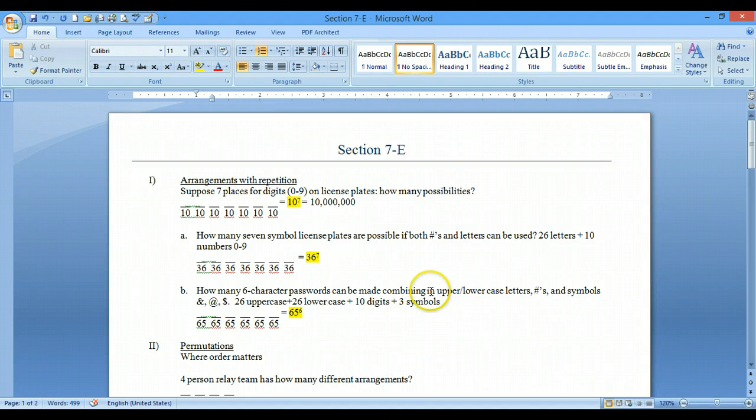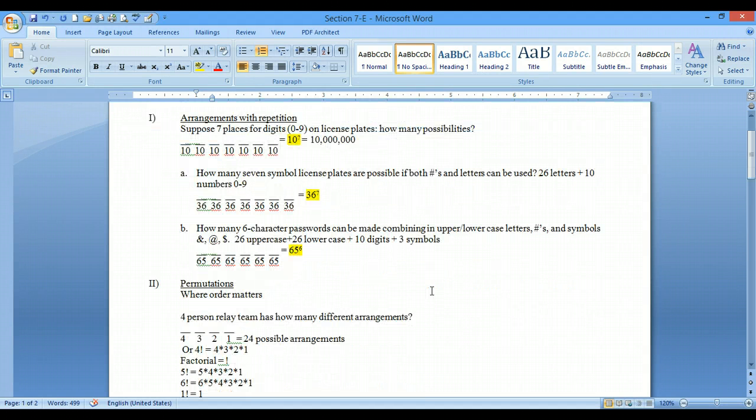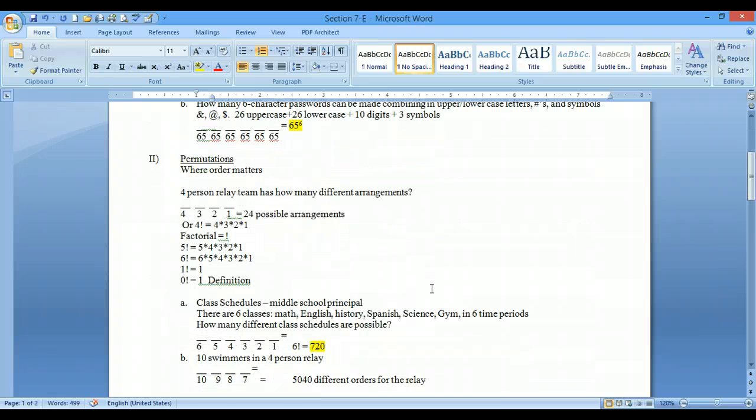It's kind of nice to know that there are different ways to make sure that you're picking really good passwords.